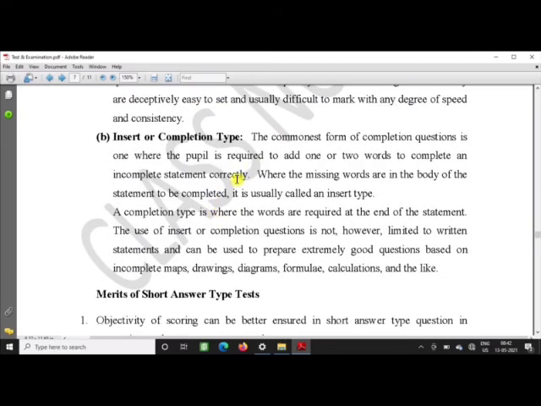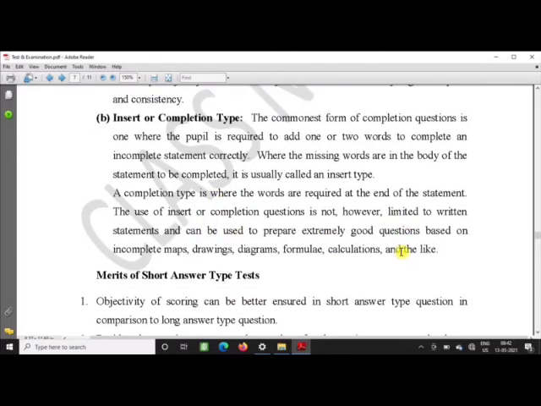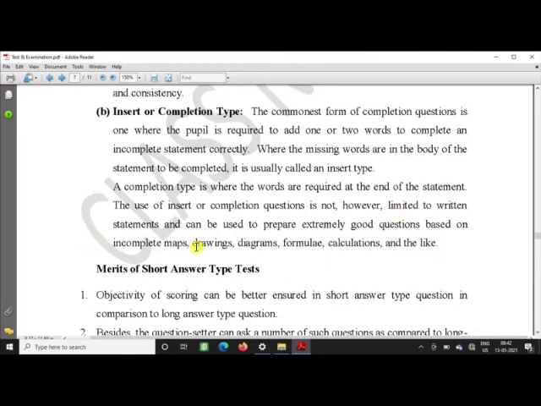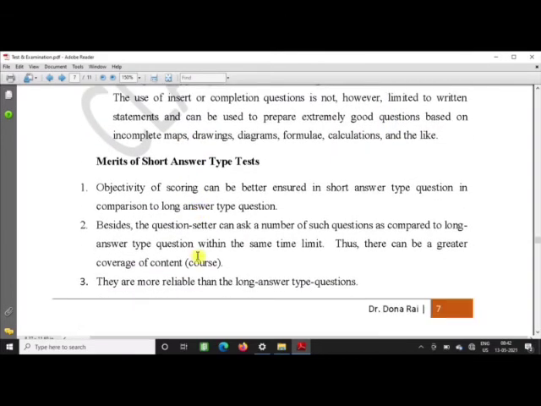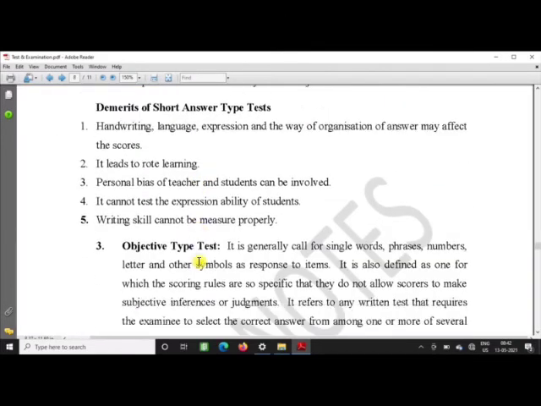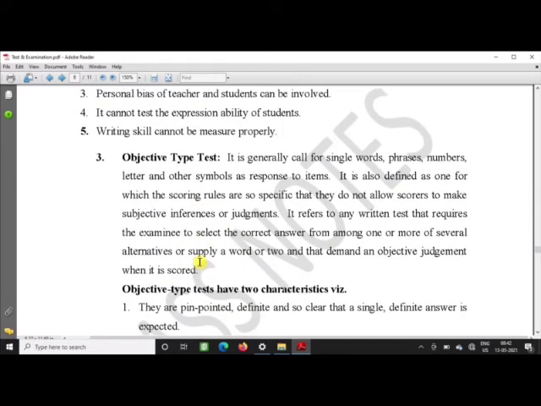Next, insert or completion. Here a certain kind of statement will be given, and you have to complete the statement by providing appropriate words. Next we have objective type questions.